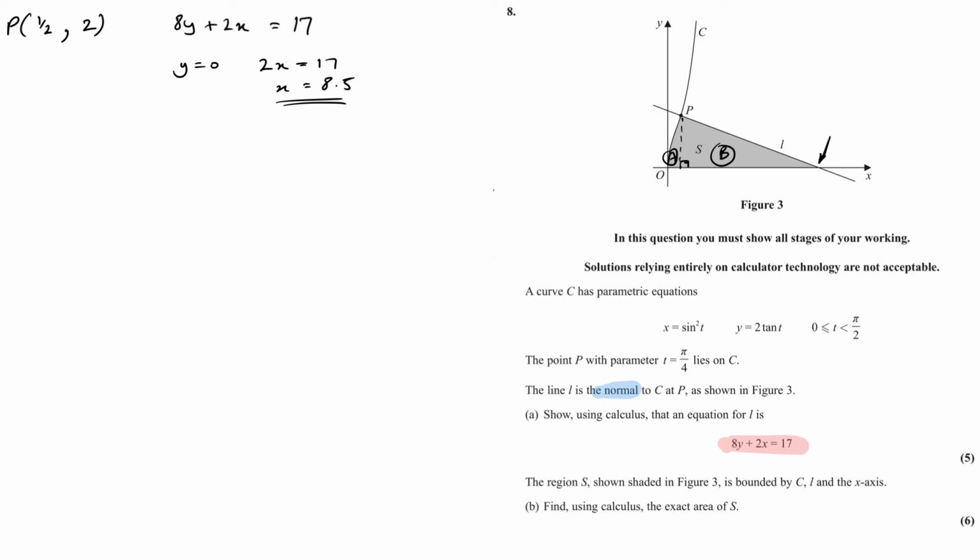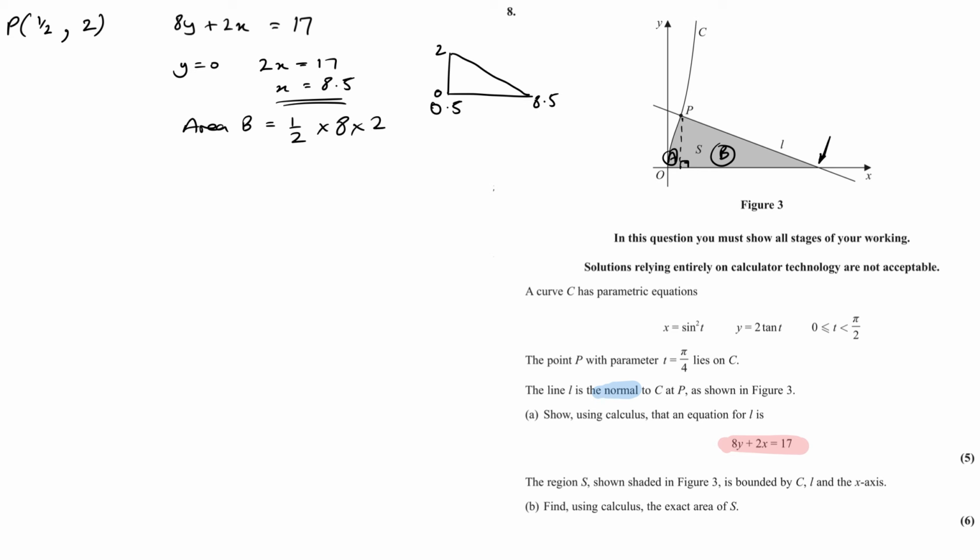So area B is nice and easy. It's a half times the base. If I just redraw it on the side here, it starts at 0.5 and goes to 8.5, so it has a base of 8, and the height there is from 0 all the way up to 2.